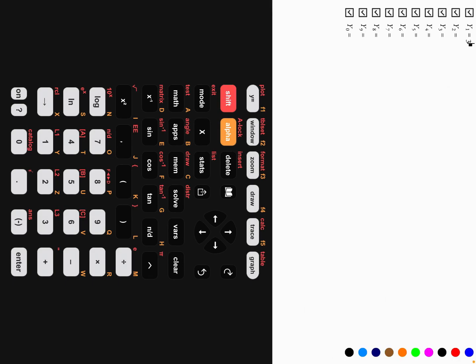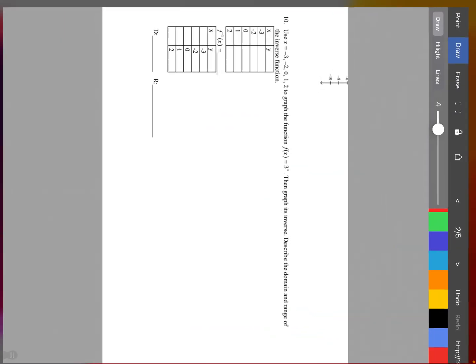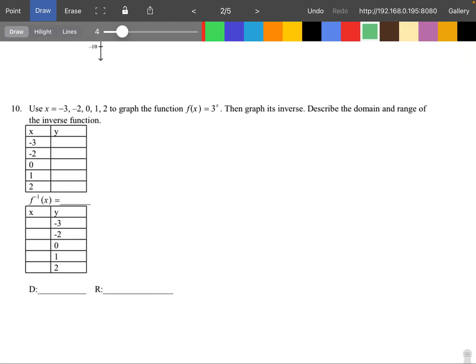So clearing that out, we can do y is 3 to the x. And then again, if you press shift graph, which is table, and they wanted it starting at -3. So we have that whole table there, so you could go ahead and copy that down. So let's go ahead and do that.